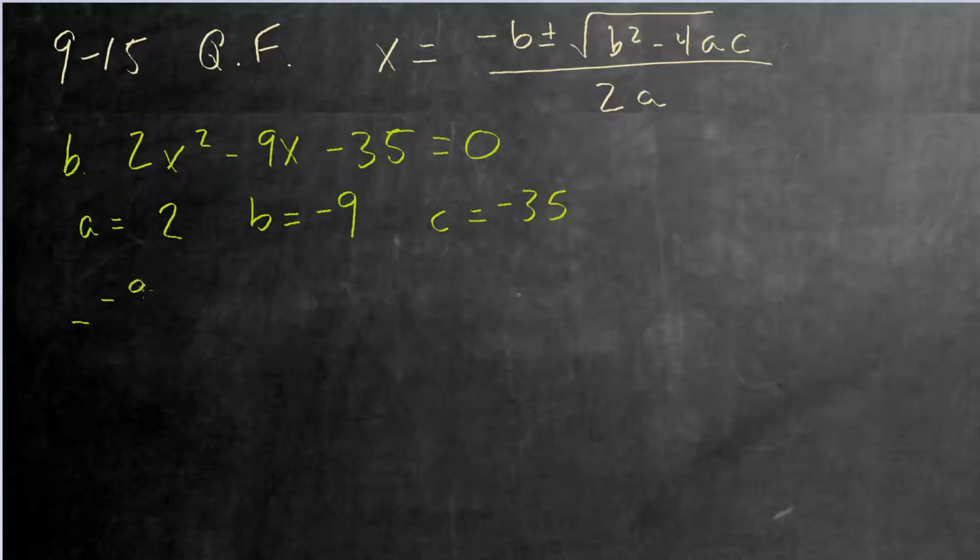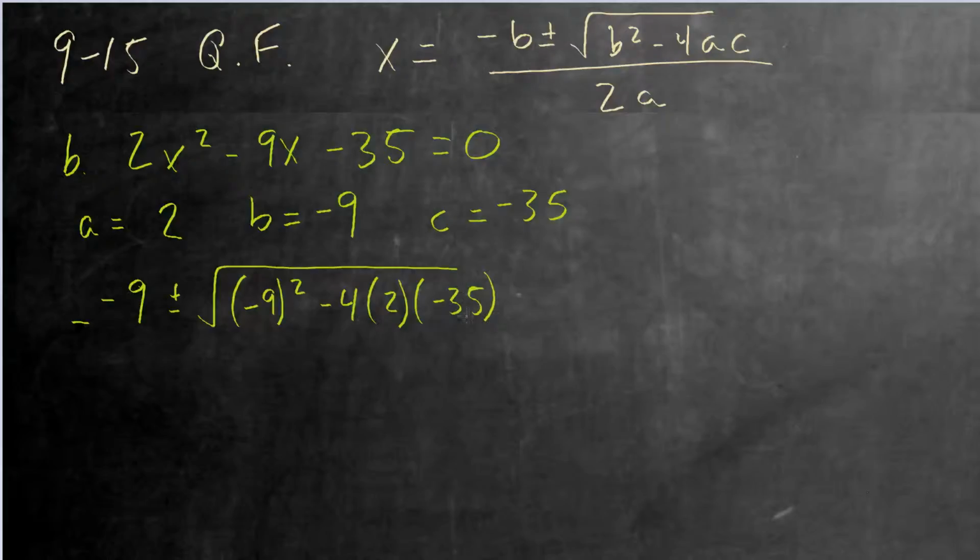Negative 9 plus or minus square root of negative 9 squared minus 4 times 2 times negative 35, all in parentheses because we're going to end up with some negatives times negatives in there, all over 2 times a. Perfect.